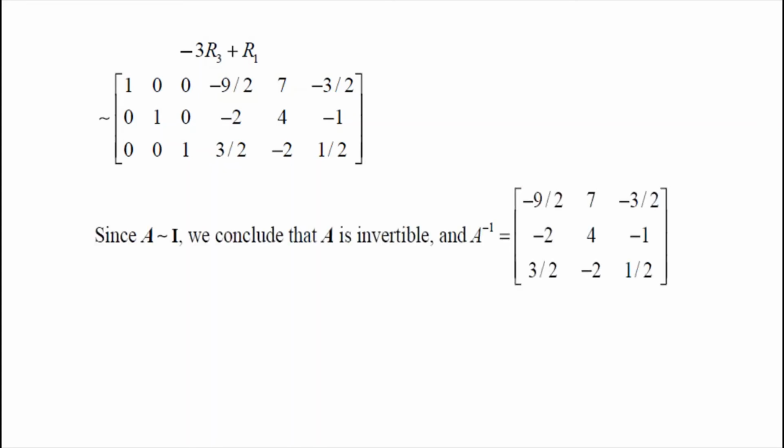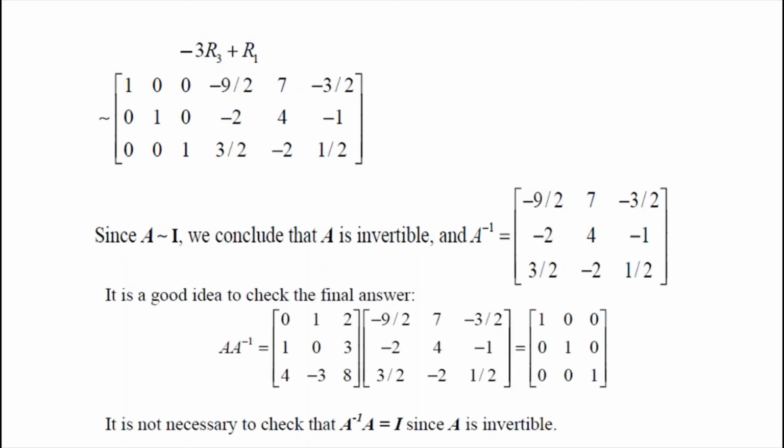Since A is converted into the identity matrix, we conclude that A is invertible and its inverse is the right side of the augmented matrix, which has the entries shown as A inverse. It is a good idea to check the final answer.